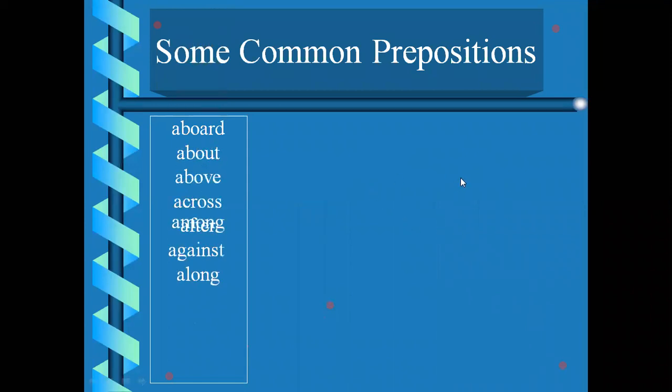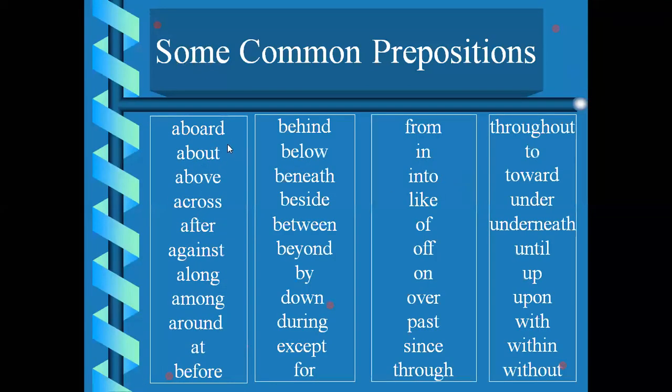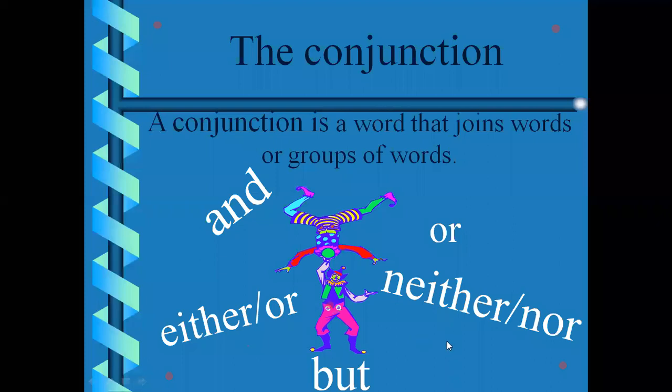Some common prepositions, I read them before. The conjunctions, I said that the conjunctions are words like and, either, or, neither, nor, but.